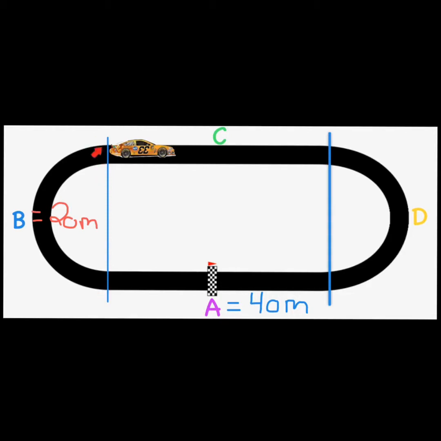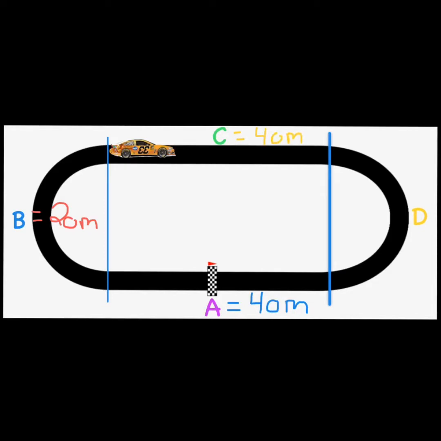So because A is equal to 40 meters, that means that C is also equal to 40 meters.